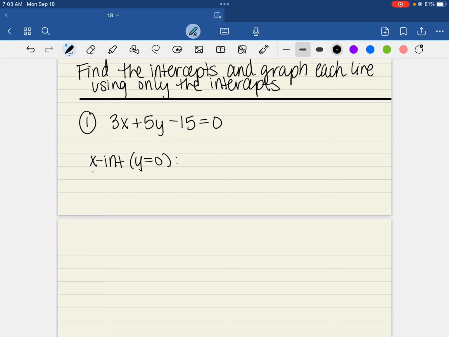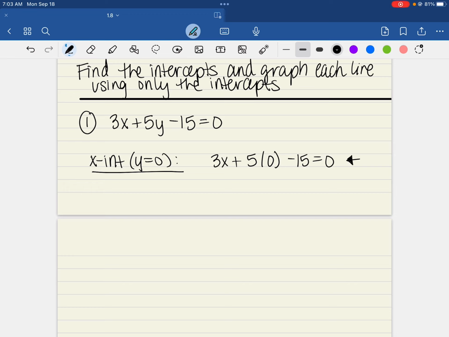So how do we actually show that work? We're going to substitute in a 0 for y. So 3x plus 5 times 0 minus 15 equals 0. And you guessed it, you need to show that.